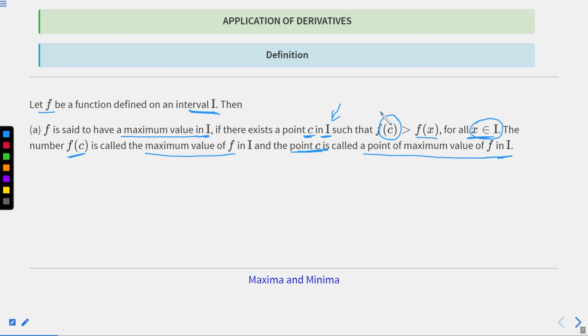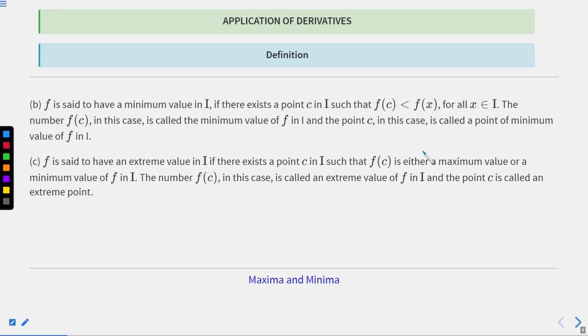We say so when this condition is satisfied: first, c must belong to the interval, and then f(c) must be greater than f(x) for every x, where x is any value from the given interval I. Then only you can say that f(c) will be your maximum value and c will be the point where you attain your maximum.